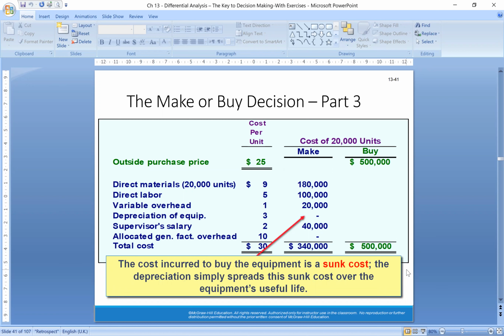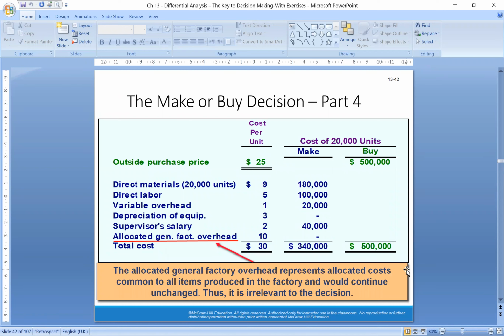The cost incurred to buy the equipment is a sunk cost. Something happened in the past, so we cannot change the cost of the machine, which is called a sunk cost. The depreciation related to this equipment simply spreads this sunk cost over the equipment's useful life, which is also irrelevant for our decision.